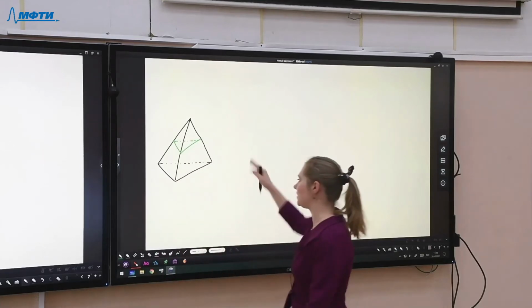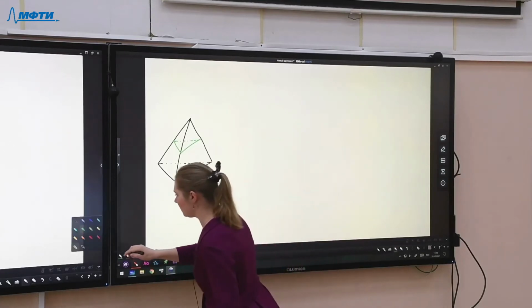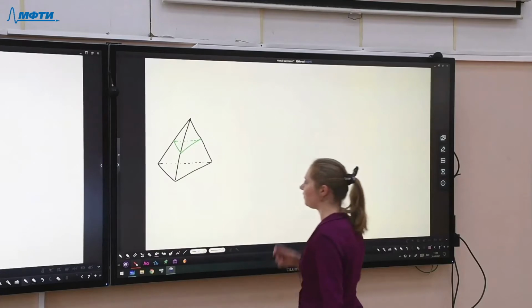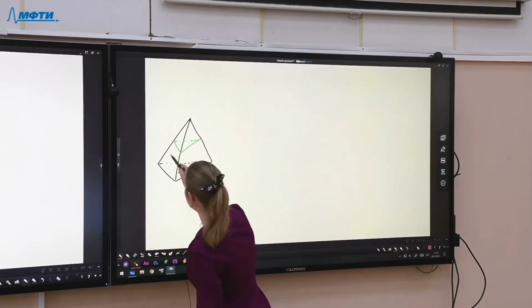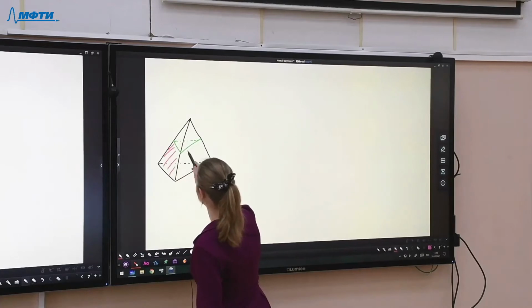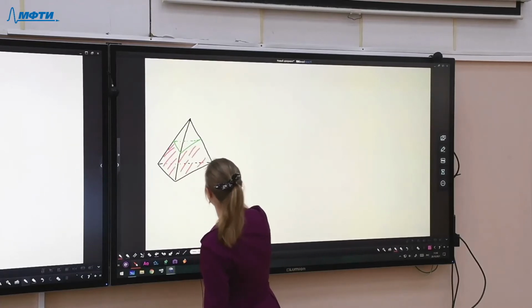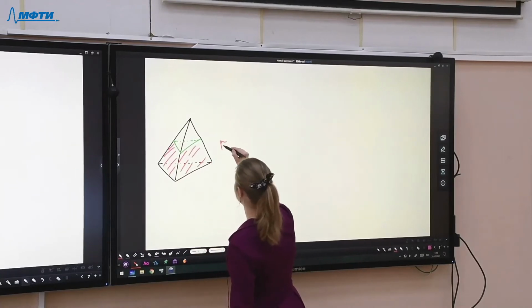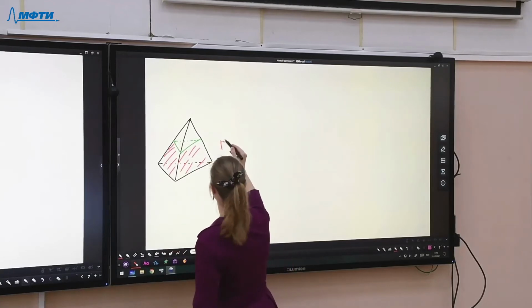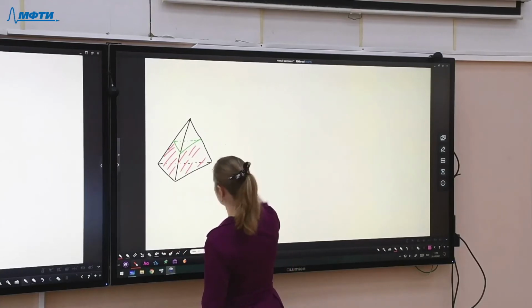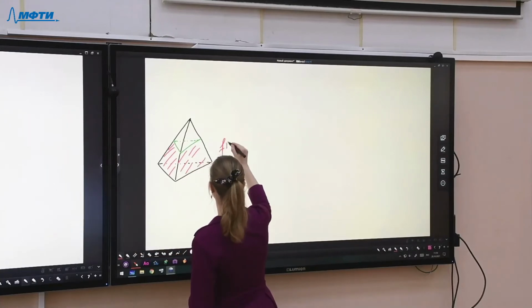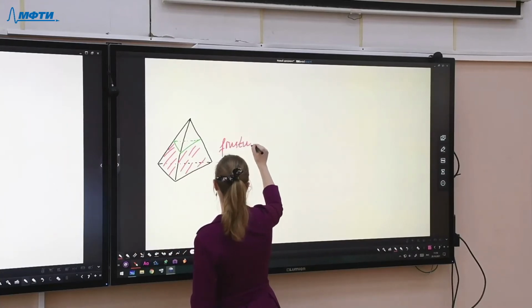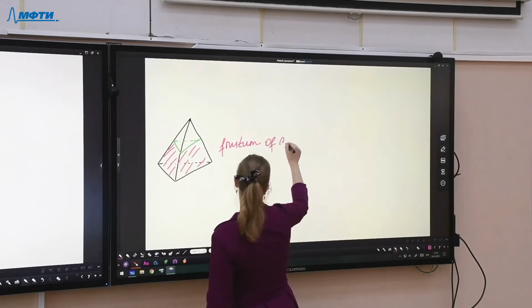Okay, we cut the upper part of our pyramid, and this figure which remains here is a frustum of a pyramid.